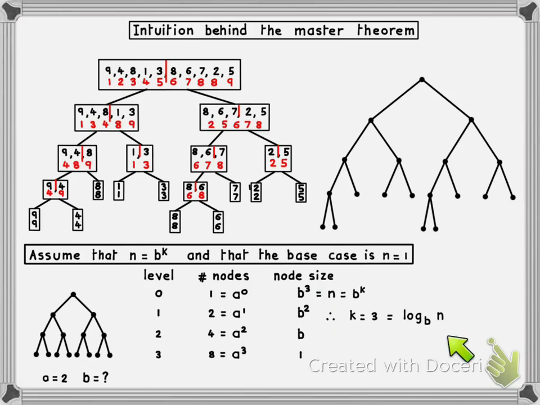The answer is, by definition, the log base B of n. So the conclusion of this analysis is that if the input size is B to the k, then the number of levels in the recursion tree below the root node is exactly equal to k, where k is the logarithm base B of n.